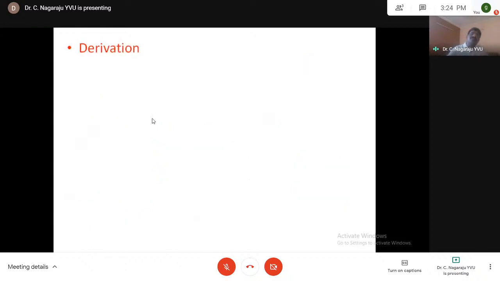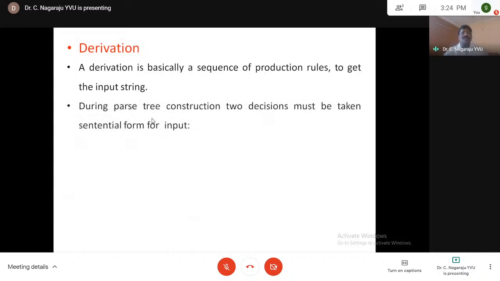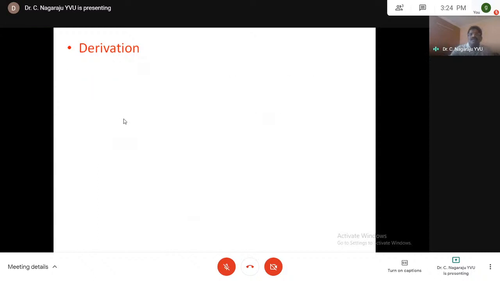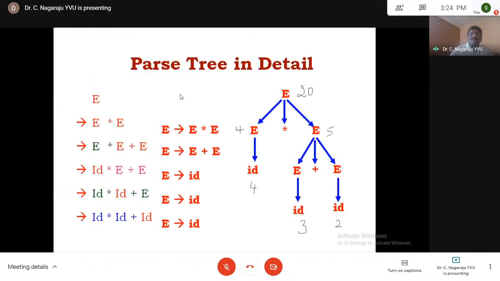What do you mean by derivation? Derivation is basically a sequence of production rules to get the input string. So for getting this input ID into ID plus ID, we derive the parse tree.